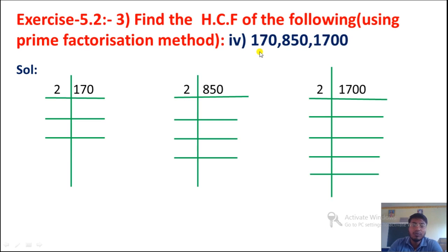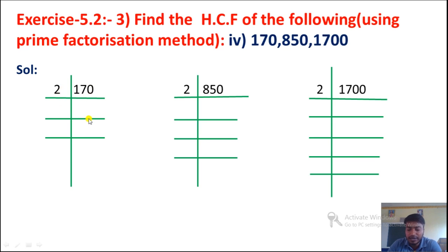Now we have 170, 850 and 1700. For this also we have to find the HCF. This is the same question number 3, part 4. So here we have 170 and this is an even number. Here you can see 0, so easily we can divide by 2. So we will take the smallest prime number.